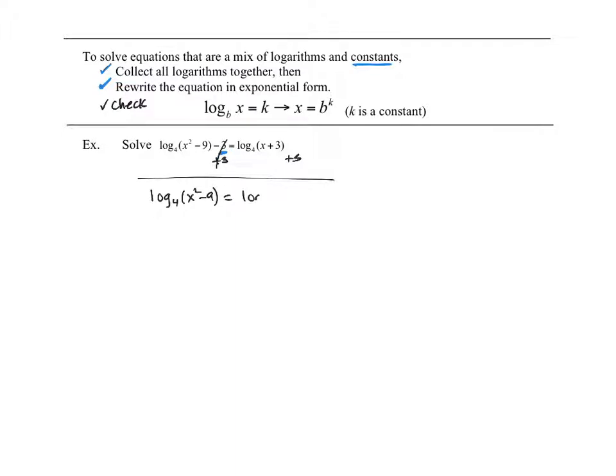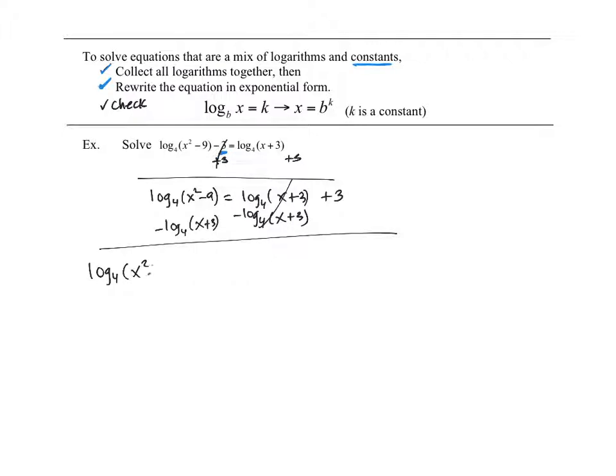And so we've got log base 4 of x plus 3, and that's equal to 3. And then I'm going to go ahead and just subtract this big term, which is log base 4 of x plus 3, subtract that out and subtract it here as well. Okay, so then I would get log base 4 of x squared minus 9 minus log base 4 of x plus 3, and that's equal to 3.